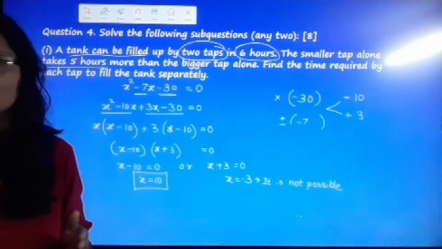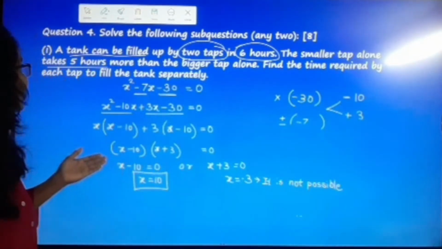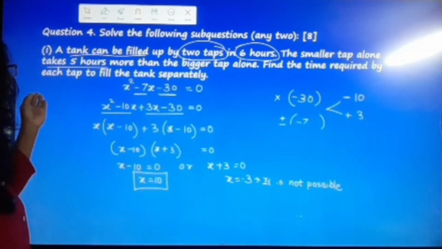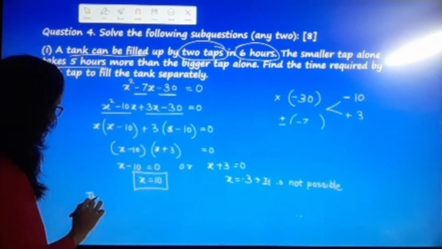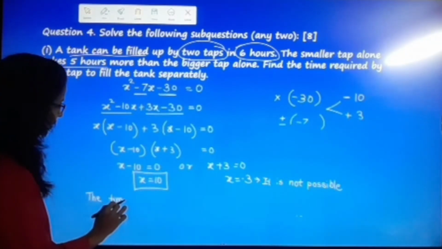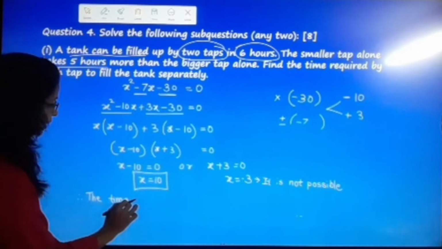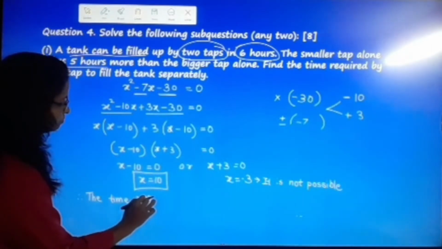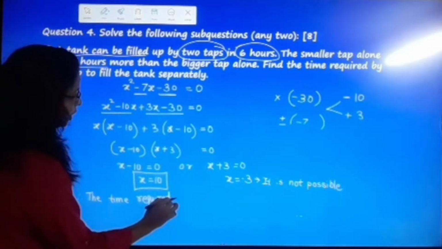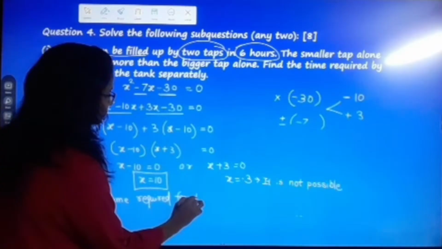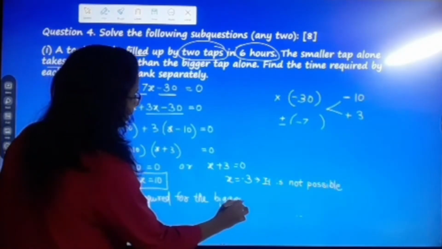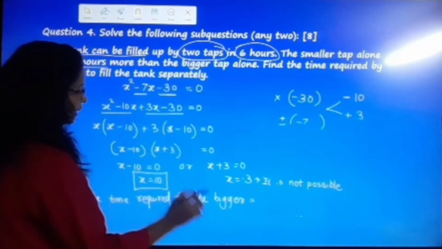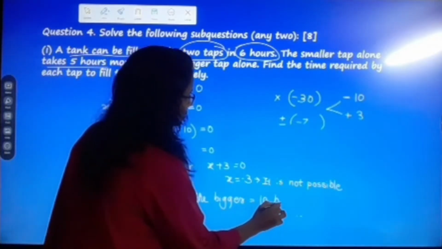So that means here students that the time required by the bigger tap is equal to 10 hours.